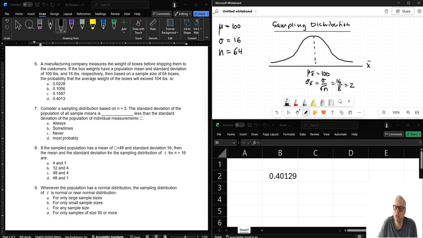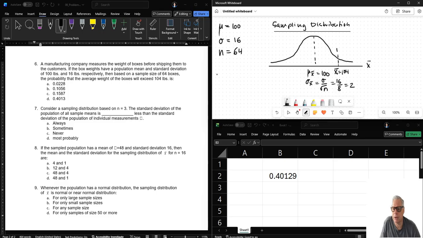So now we want to know what's the probability that 64 randomly selected boxes average out to 104. So we want to know what's the probability that we can get 104. And of course we can use the Z distribution because we know the population standard deviation.